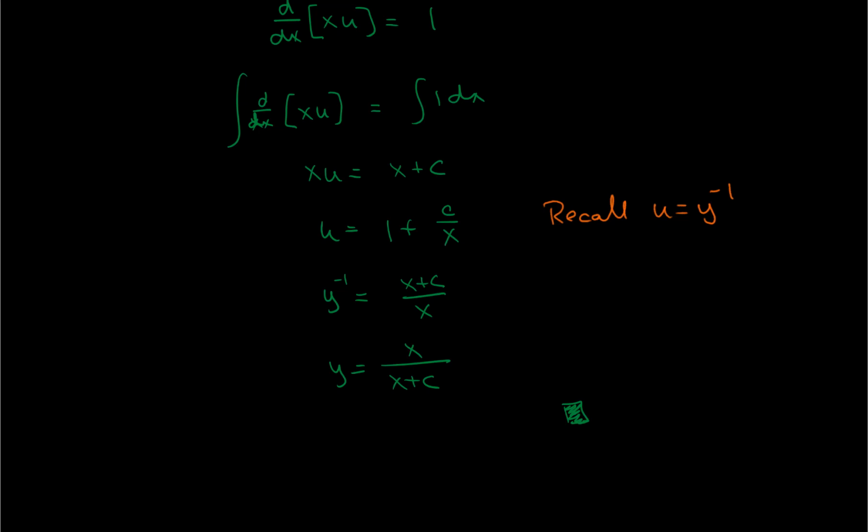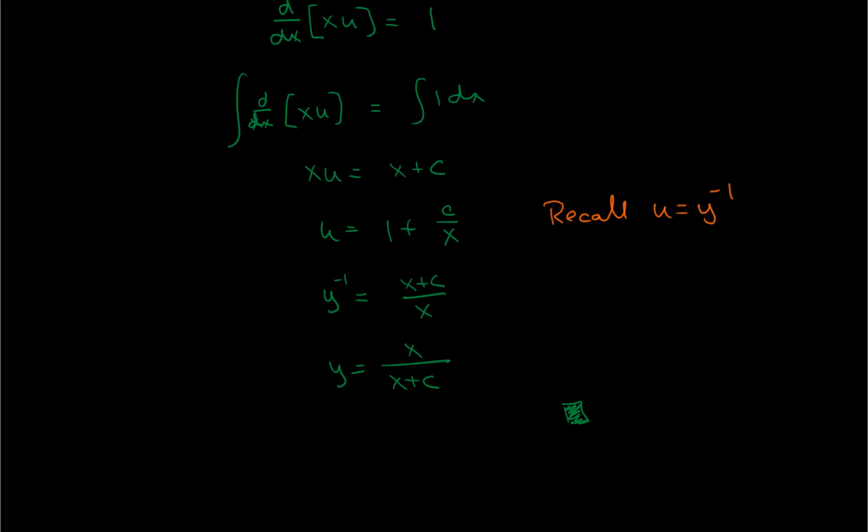To solve for u, I'm going to divide by x. Now, when I divide by x, I'm going to have u remaining on the left side. And on the right side, I'm going to have x divided by x, which is 1, plus c divided by x, which is c over x.